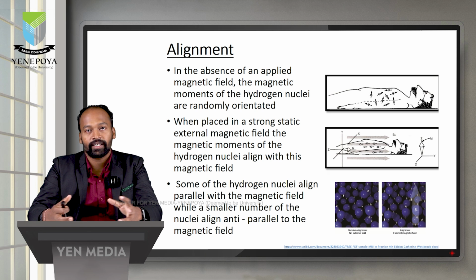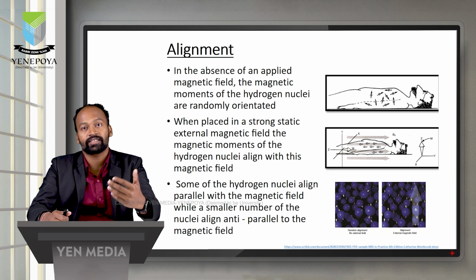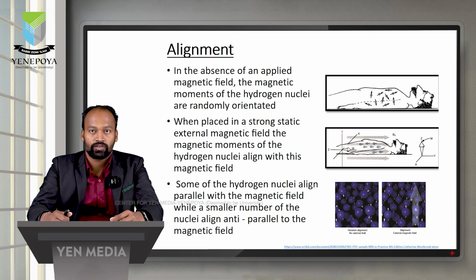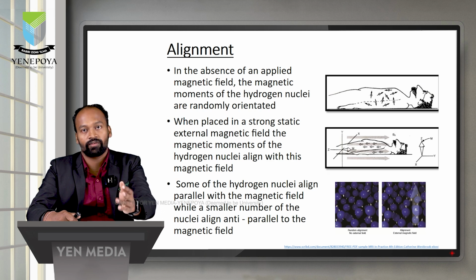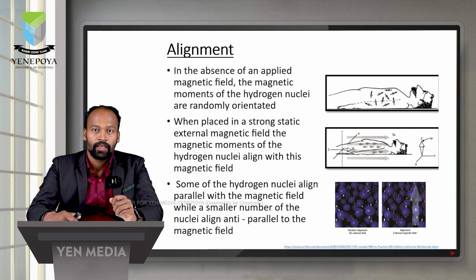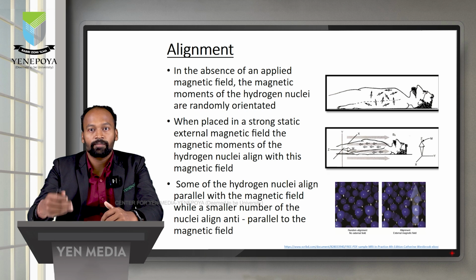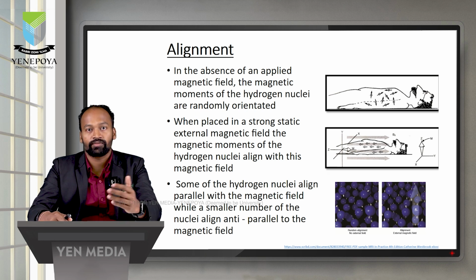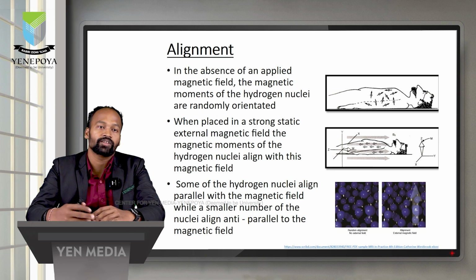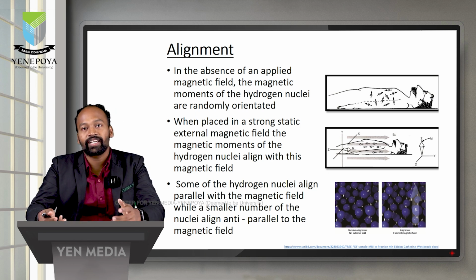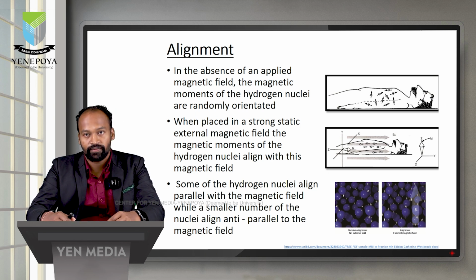How will they get aligned? We apply an external static magnetic field to align all the hydrogen atoms in a particular direction. In the third picture, we can see some of the hydrogen nuclei aligned parallel, and some of the hydrogen nuclei aligned anti-parallel to the magnetic field.